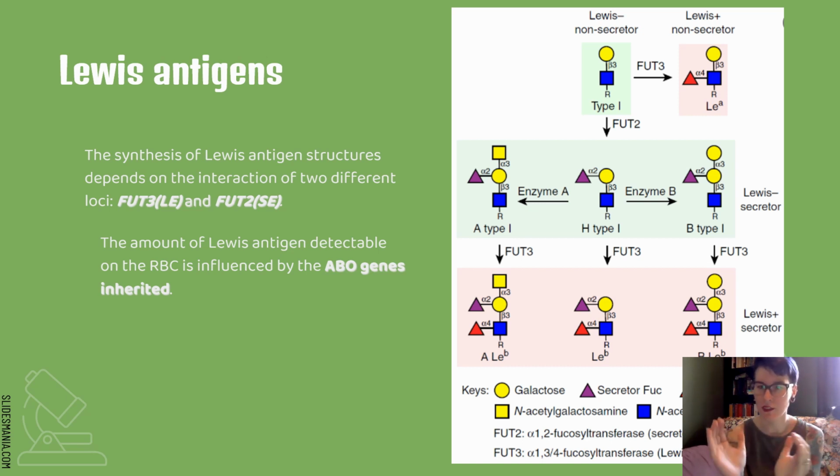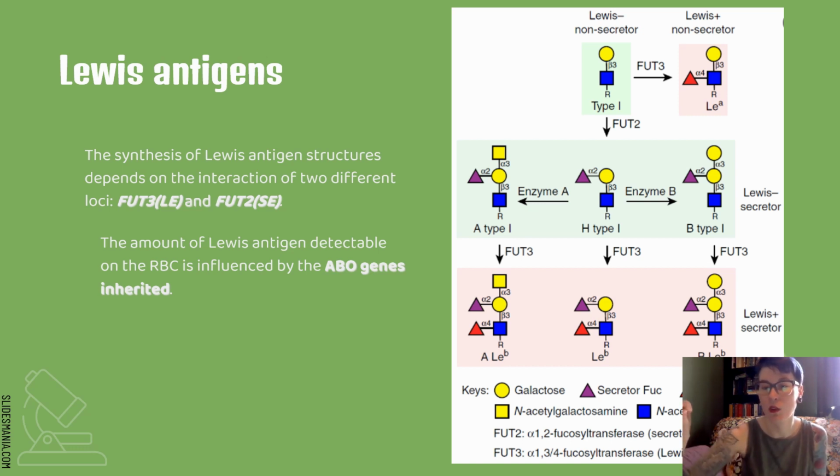So I really like this image right here. It'll tell you exactly if Lewis is present and secretor is not present, what do you have? And for each different category, what do the antigens look like? So if you are Lewis negative and you are secretor negative, you will just not have any Lewis antigens and not have any H antigens in your secretions.